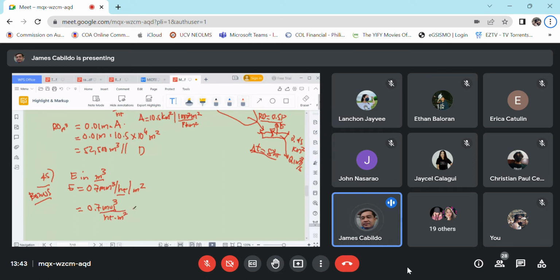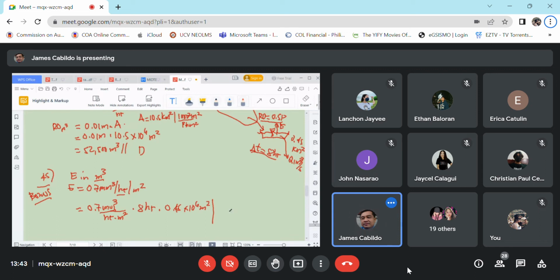Okay? Multiply lang natin yung 8 hours, which is the observation time, multiplied by the area, 0.45 square kilometers or times 10 to the 6 square meter. Tapos yung mm i-convert natin to meters.